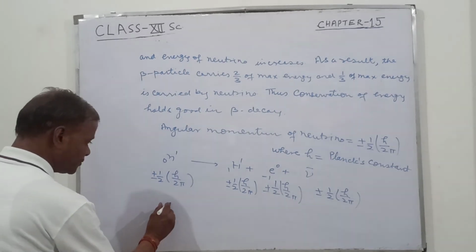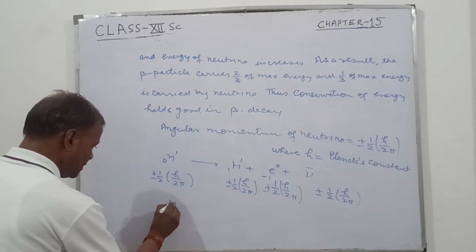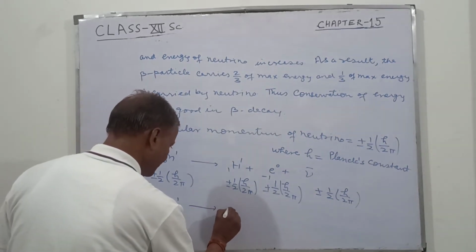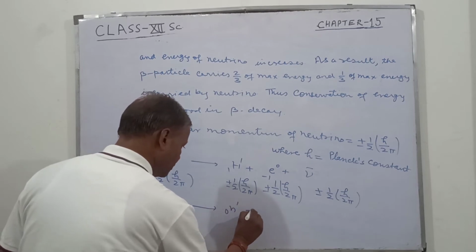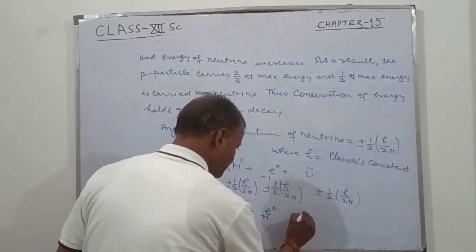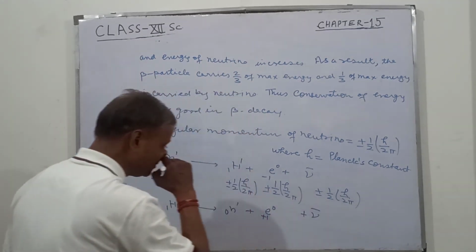Similarly, suppose we have H11, this will be n01 plus e plus 1 0 plus neutrino.